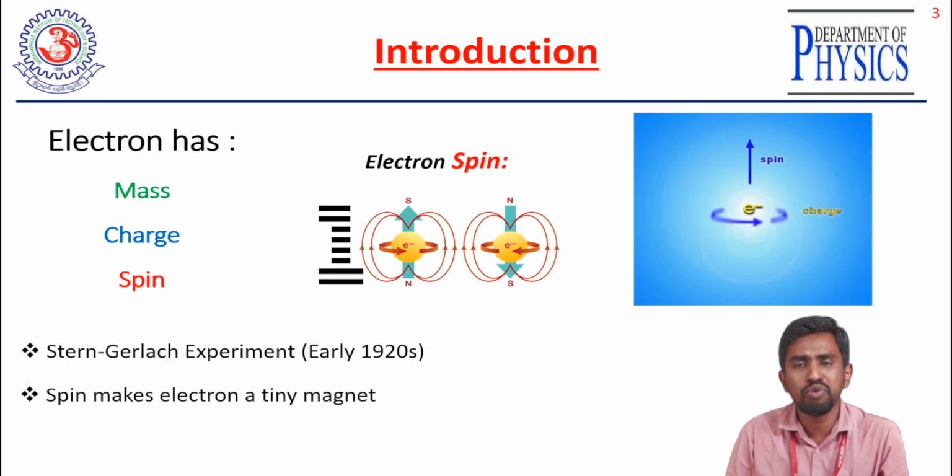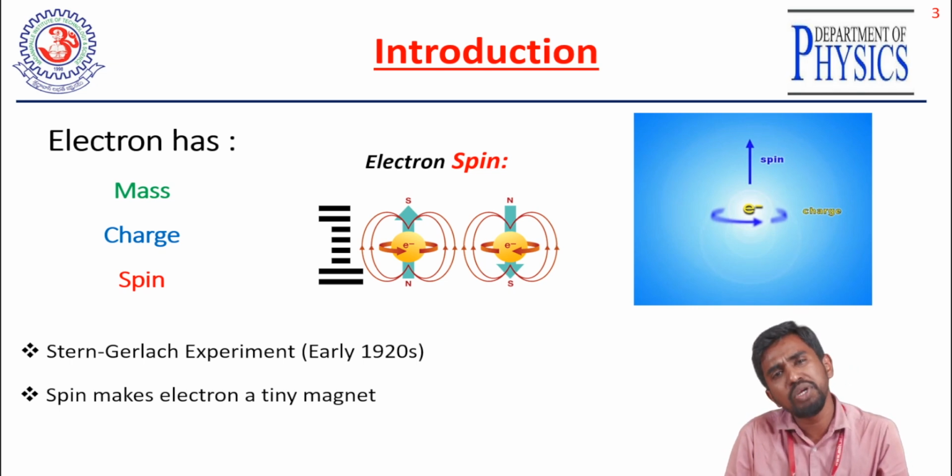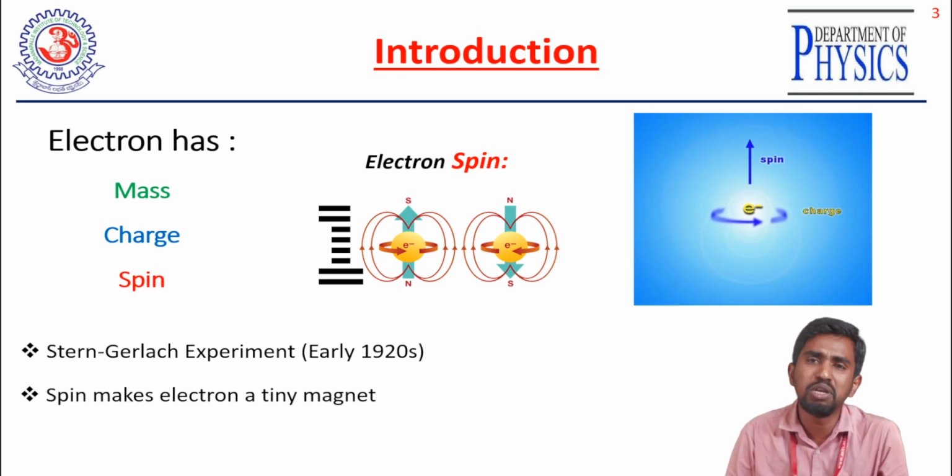But similarly, there is a spin of electrons also. How much effort is there to study the spin of an electron? So we will explore the spin part of the electron. We know an electron has a spin. A spin is nothing but a direction in which it revolves. This spin of the electron was first experimentally verified in the Stern-Gerlach experiment in the early 1920s.